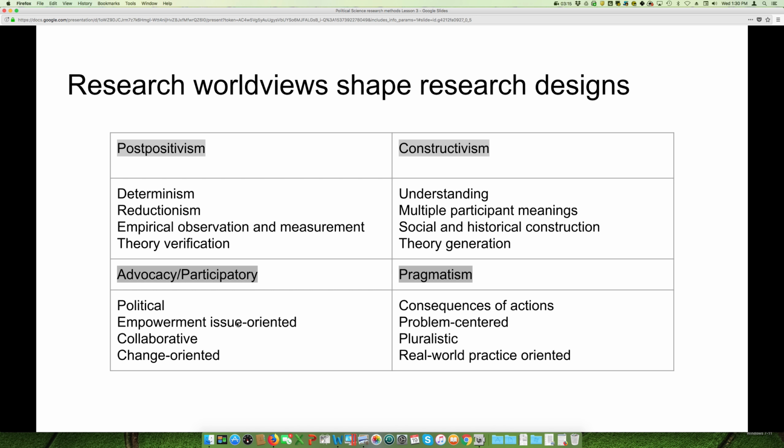Often it's empowerment issue oriented, so it might be something about whether universities implement Title IX in a way that leads to satisfaction of outcomes by students. That might be one issue. And you could use your findings in order to push a policy agenda.